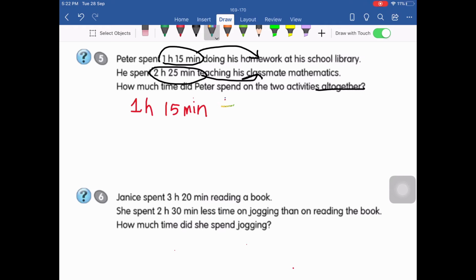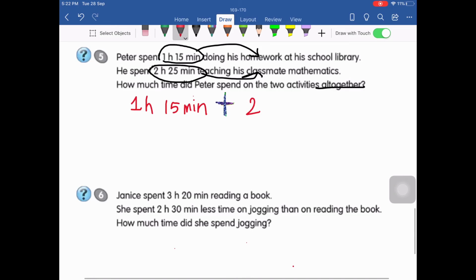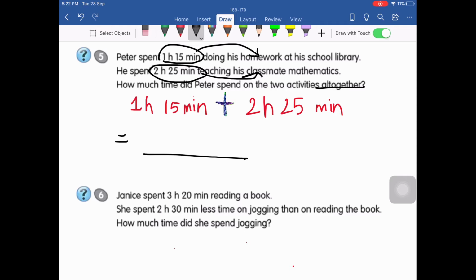Additionally, we are going to add, because it's an increase in the time that he spent, another 2 hours and 25 minutes. We're going to add the time and find out the answer.